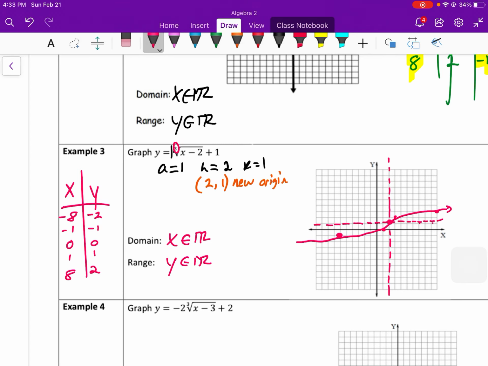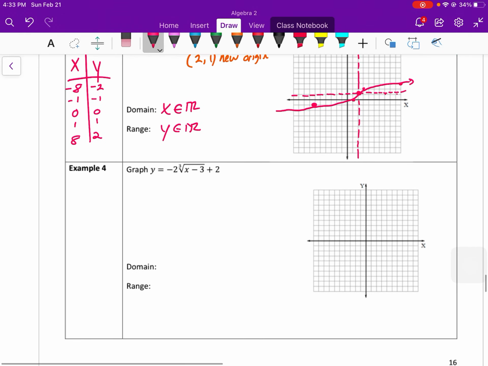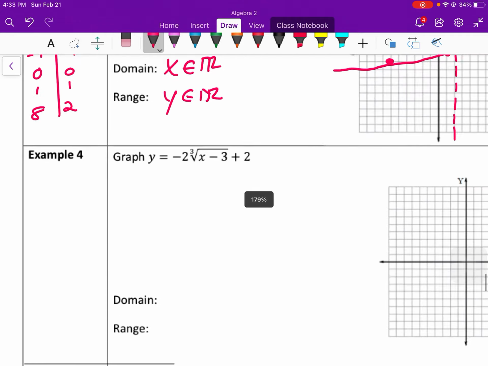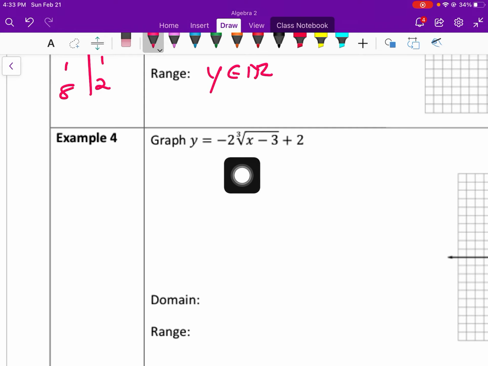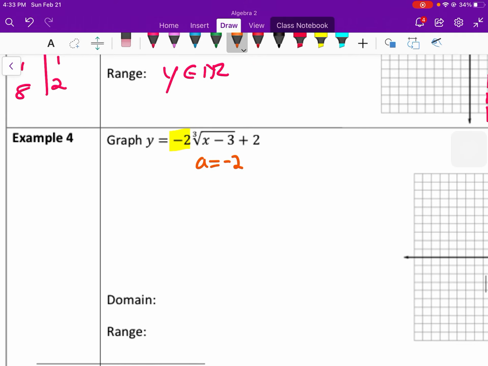All right. Hopefully, with each example, this makes more and more sense. Y equals -2 times the cube root, and we have an h and a k. Again, let's do our a first. A is -2. H, we find the opposite.